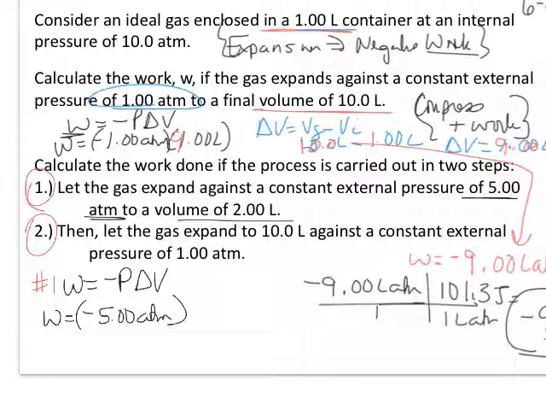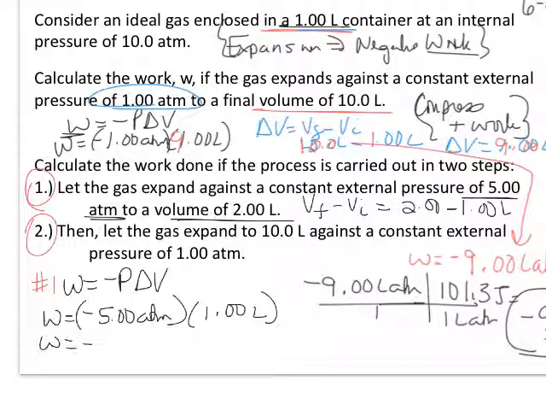And you're going to a volume of 2 liters. You're still initially at 1 liter. So VF minus VI is 2 minus 1 liters. So the delta V here would be 1 liter. That works out to be negative 5.0 liters times atmosphere.